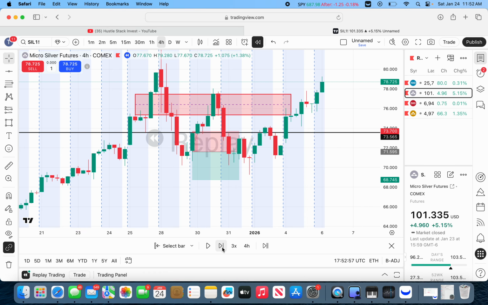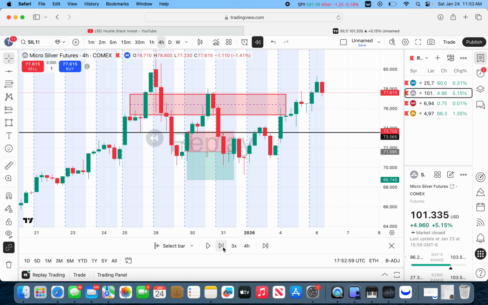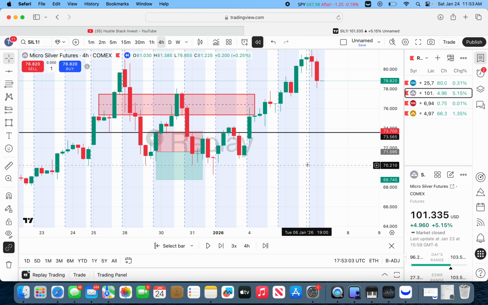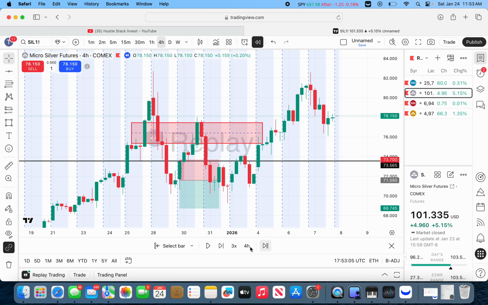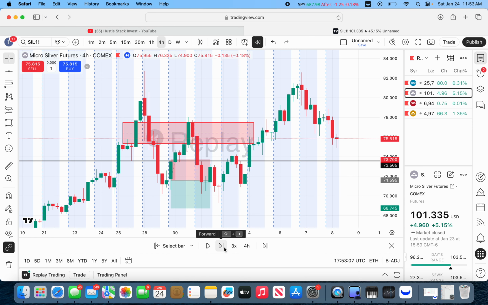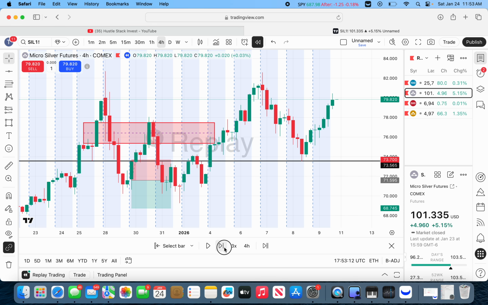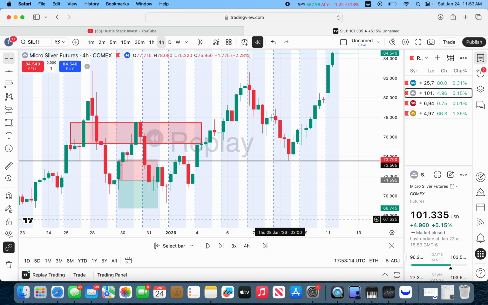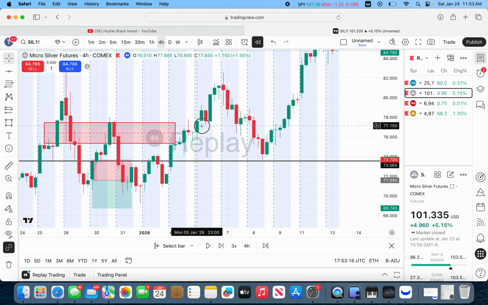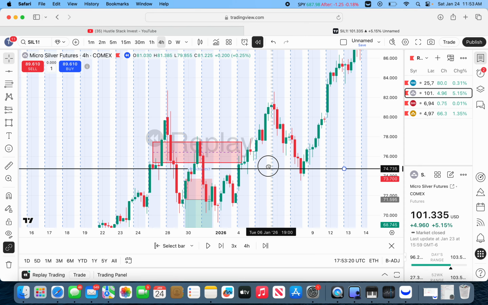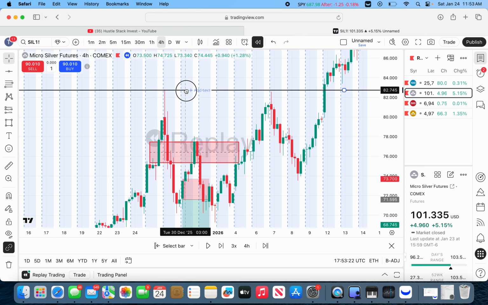So as price plays out, let's see if it comes back above the area. And as you can see, it just goes from level to level until what? Until we could break fully back above these highs.